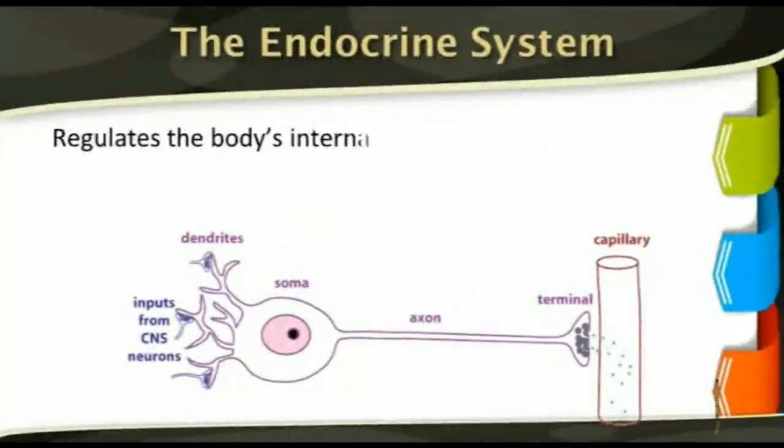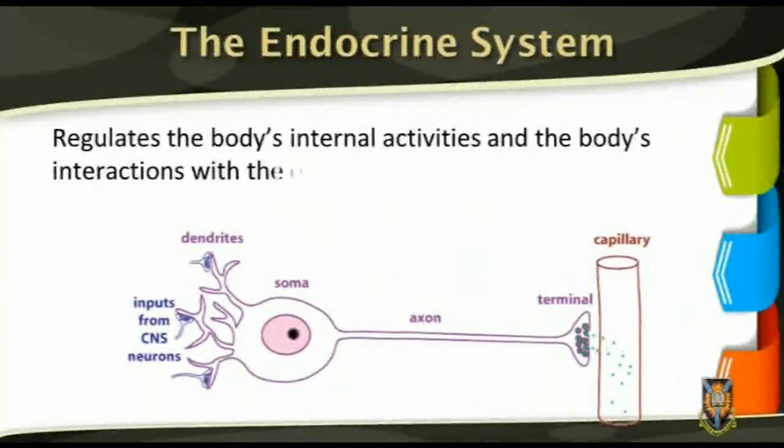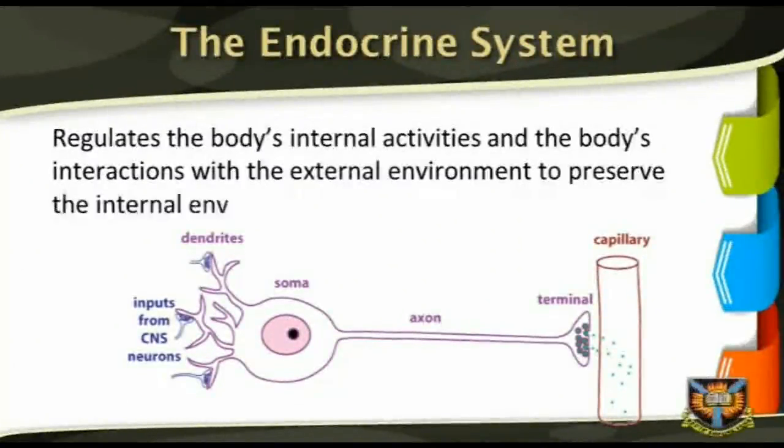The endocrine system. The endocrine system, in association with the nervous system and the immune system, regulates the body's internal activities and the body's interactions with the external environment to preserve the internal environment. This control system permits the prime functions of living organisms, growth, development, and reproduction, to proceed in an orderly, stable fashion.